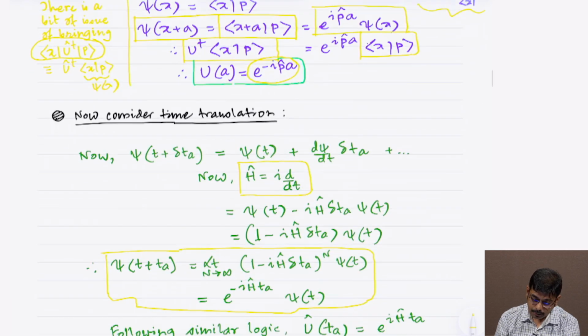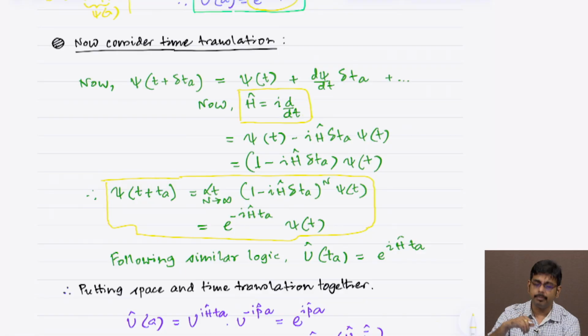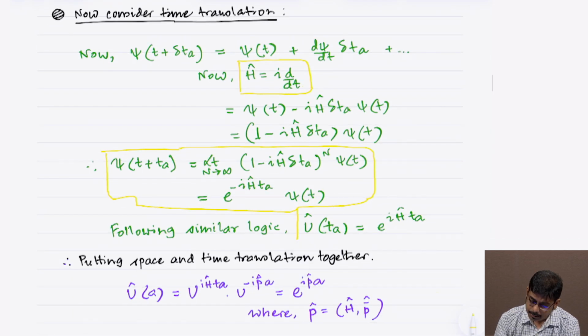And here we said that psi of t plus t a is e to the power minus i H t a psi t. So, if there is an operator u t which will take you from 0th time to time t, then basically we can identify that u t a operator, and this will be similar to the previous argument. This will be simply like e to the power i H t a.